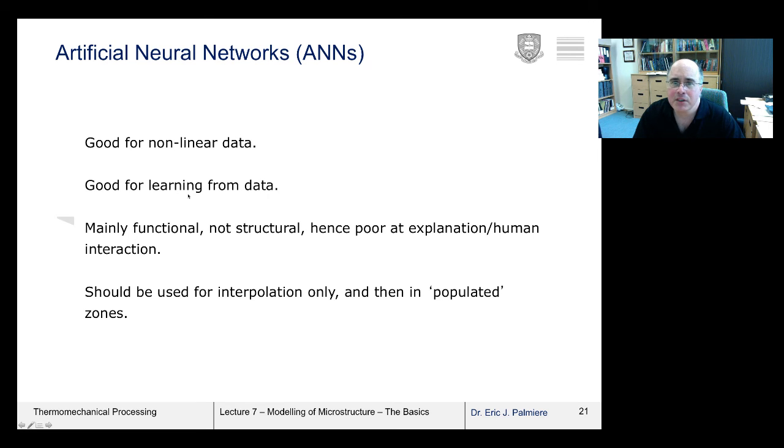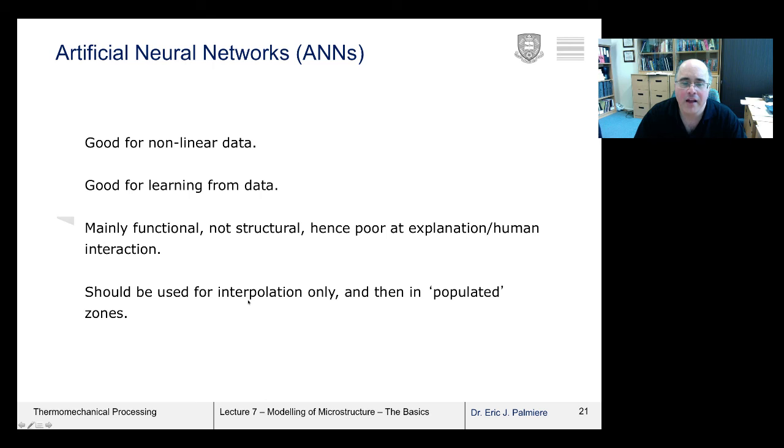However, the trends that we see are mainly going to be functional, and they're not going to be structural. That is, they're not going to tell us that it's this grain size that's given this. It's not going to be of that detail. It's going to be functional knowledge that we gain. So we need to be careful in terms of that.